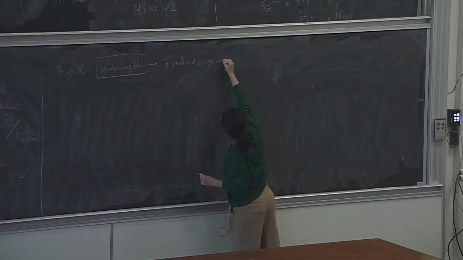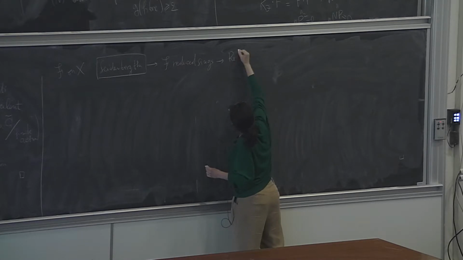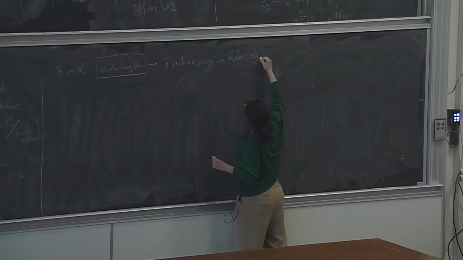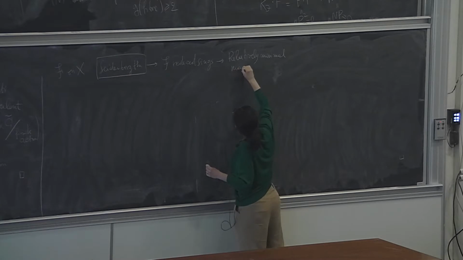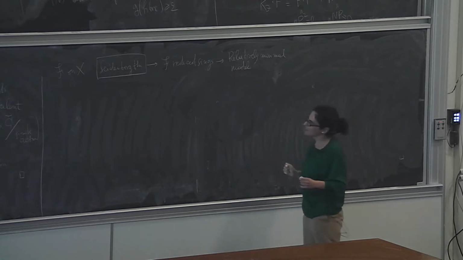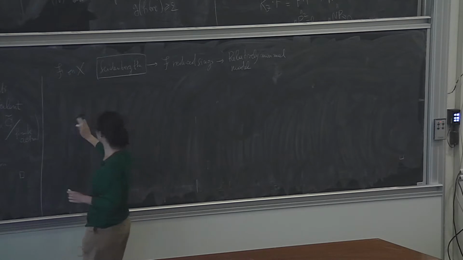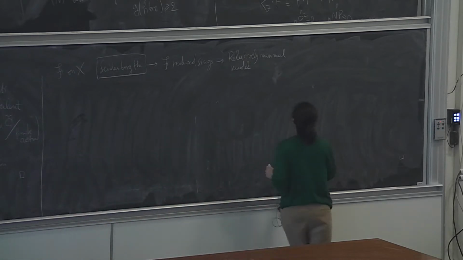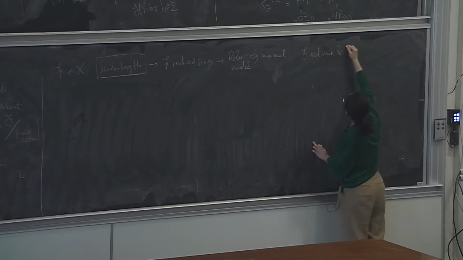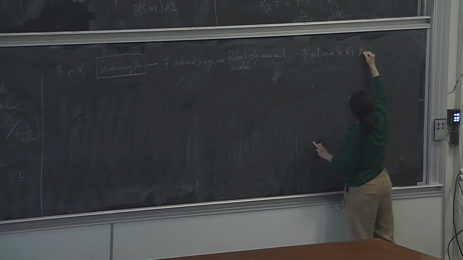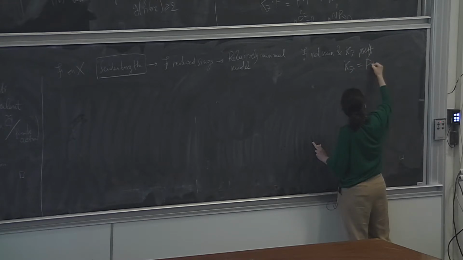And we can find a relatively minimal model. And if F is relatively minimal, and K_F is pseudo-effective, we know the structure of N.